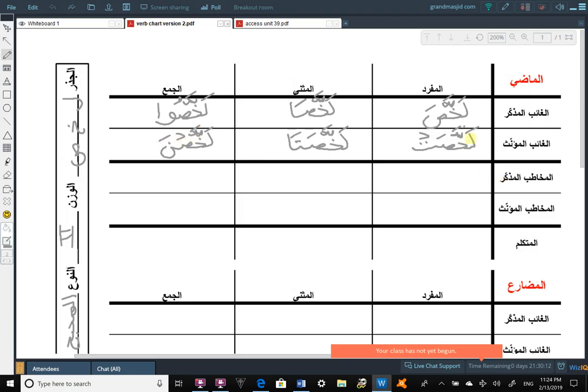For second person, lakhasta. Anta lakhasta. Antuma, you two, lakhastuma. And then antum, you 3 or more, lakhastum.